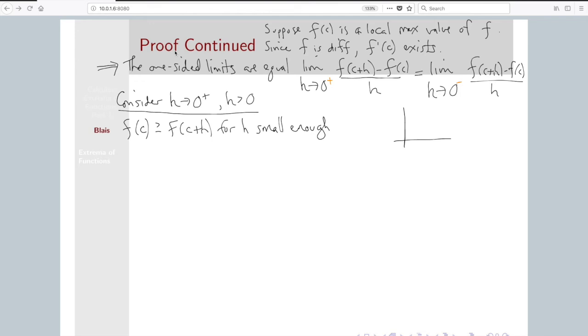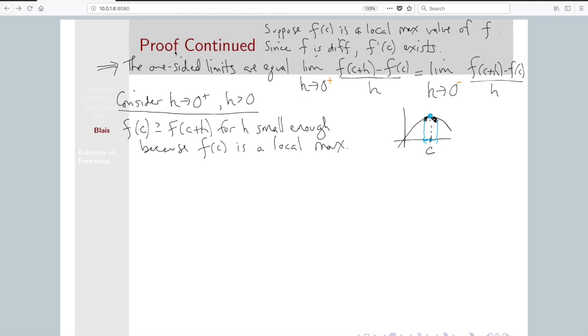So our function at c has to have some interval around it where it is above the function evaluated at any other point in that interval. So again, this is because f of c is a local maximum value of f.